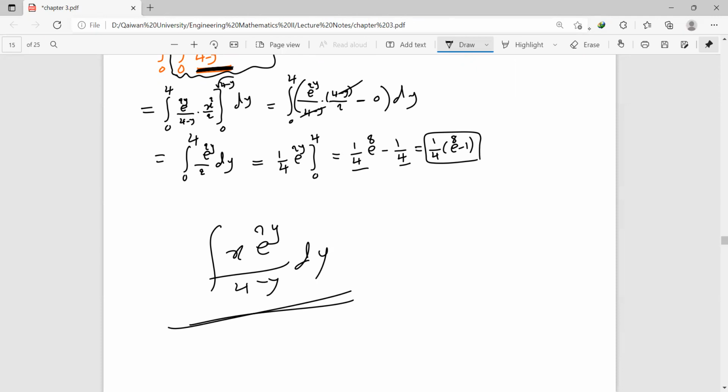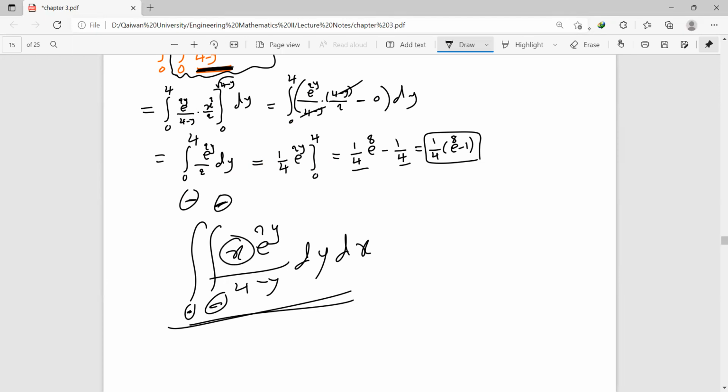So here, it's easier to change the order. I mean, these are functions. It's easier to reverse the order of the integration and then find its integration.